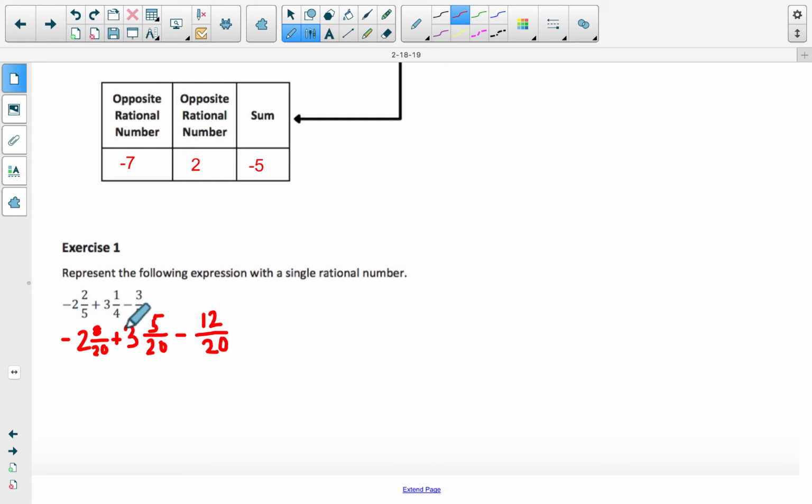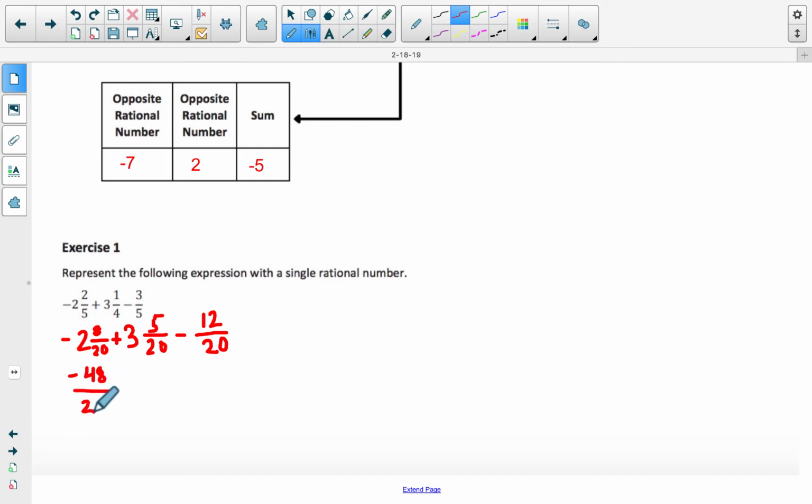Next thing I'm going to do is switch all of my mixed numbers into improper fractions so that I can then add. So you multiply the whole number times the denominator and you add the numerator. So this stays negative and it is 48/20. Just make sure you always keep the sign.